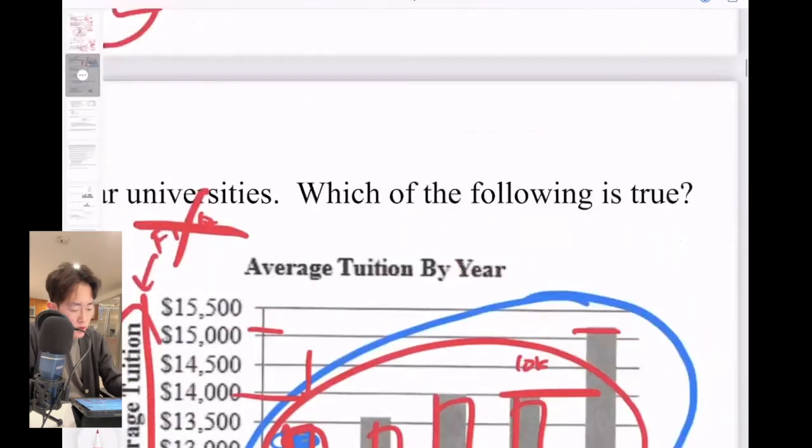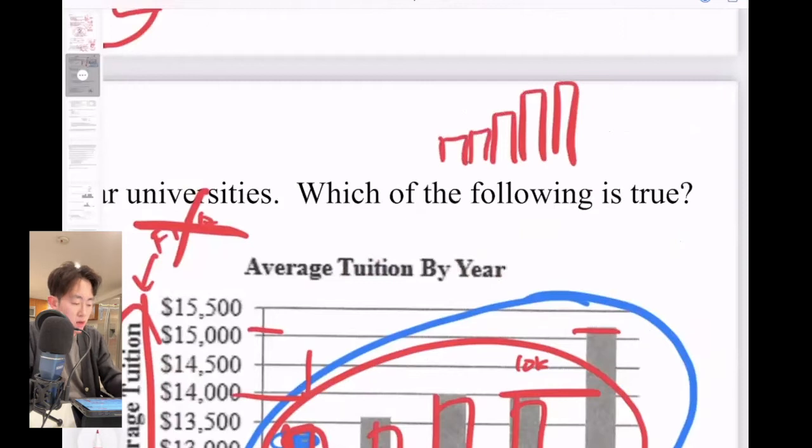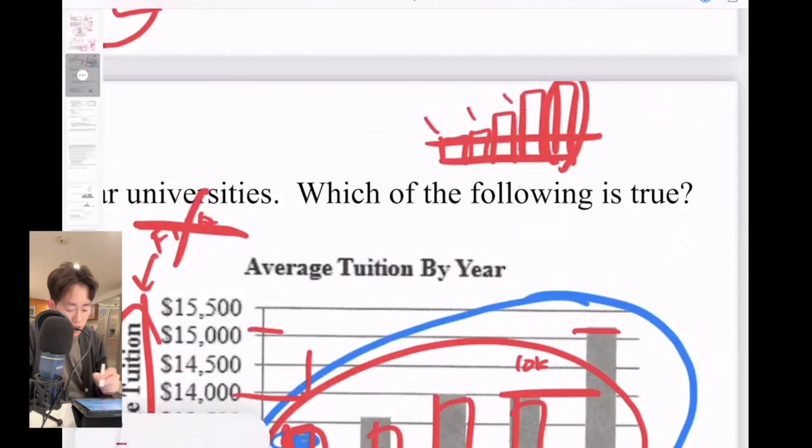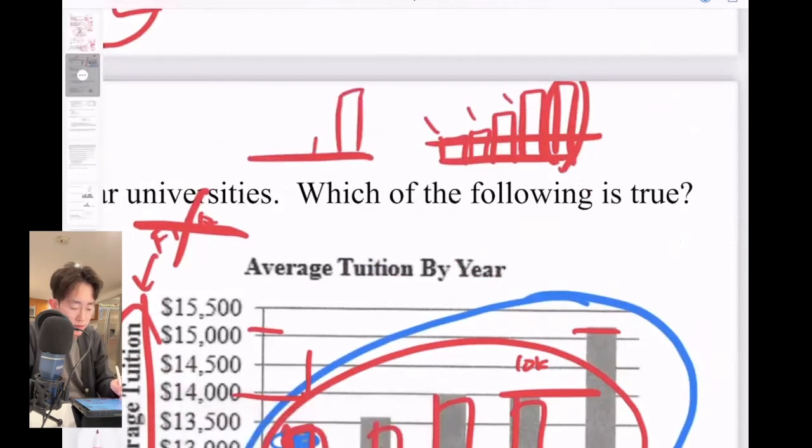For example, if I were to give you something like this, where everyone has a little bit of height, then this doesn't really stand out as often because the rest of them are still very high. But let's say I cut off here, then it looks more like this. The shape has changed so that the one that is the highest value in bar graphs just stands out more.